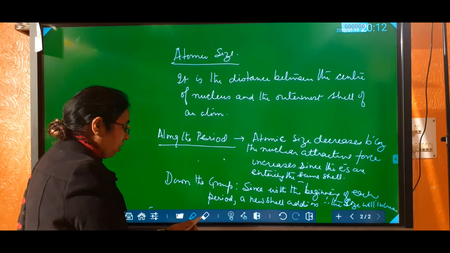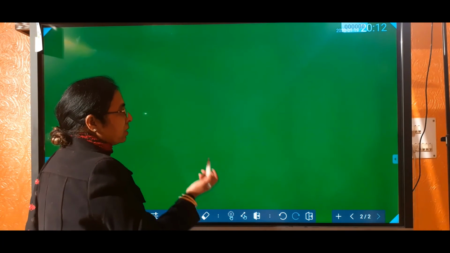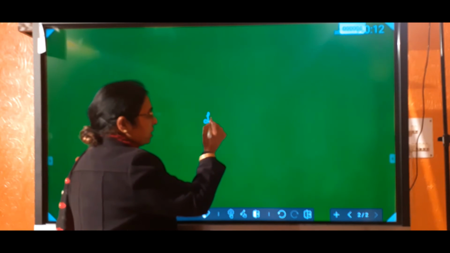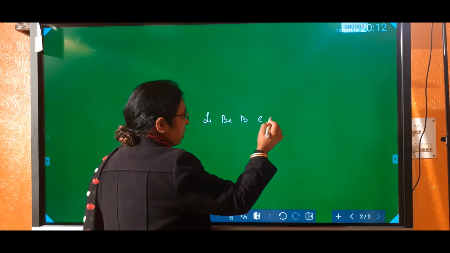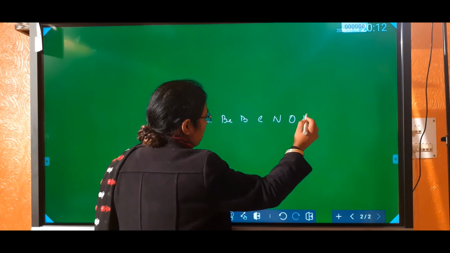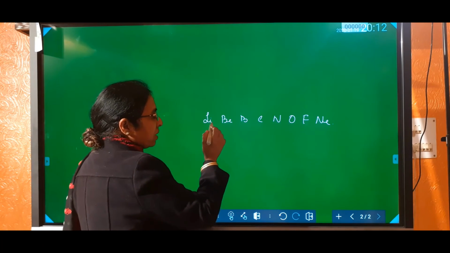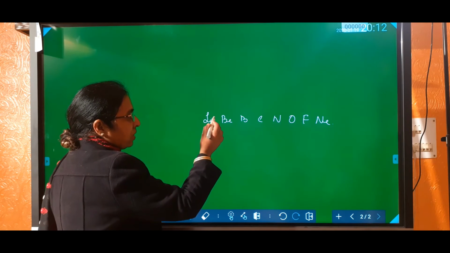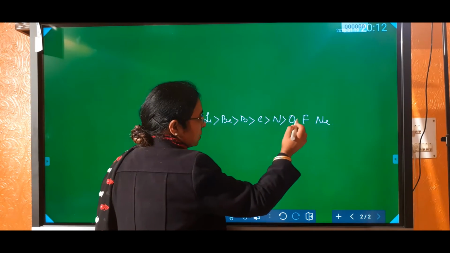Very good. Now supposing we have seen that along the period, the atomic size decreases. If you are given lithium, beryllium, boron, carbon, nitrogen, oxygen, fluorine and neon, you will write that the size of lithium is largest, beryllium is next, and it goes this way.